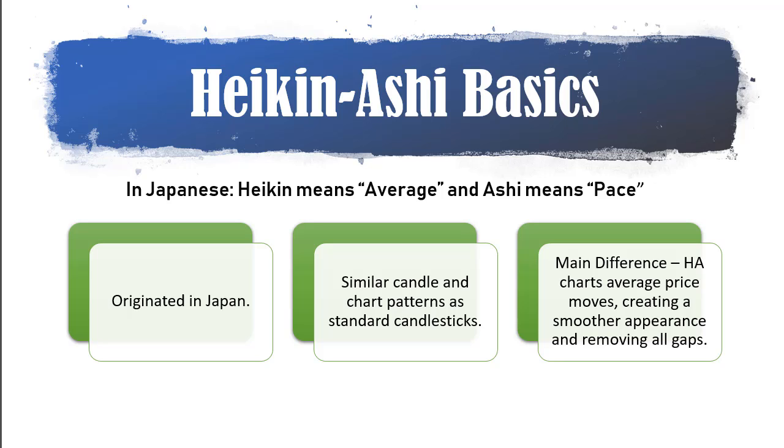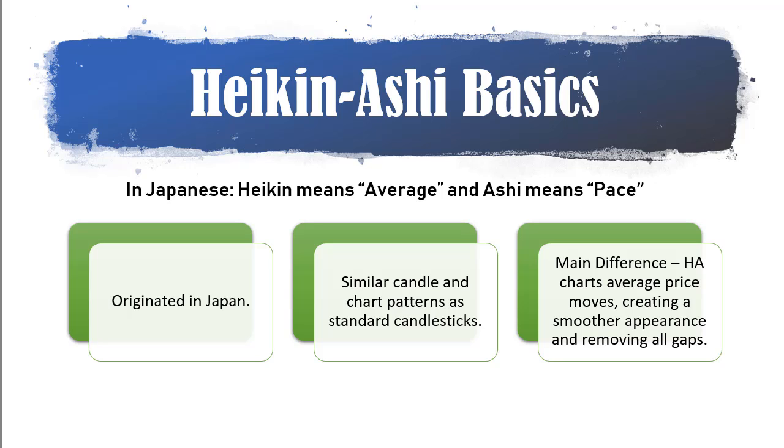It originated in Japan, and they're very, very similar. They look basically identical to a regular candlestick, but there are some differences to be noted, because they really help you see trend in a much better, a much cleaner way than a standard candlestick.